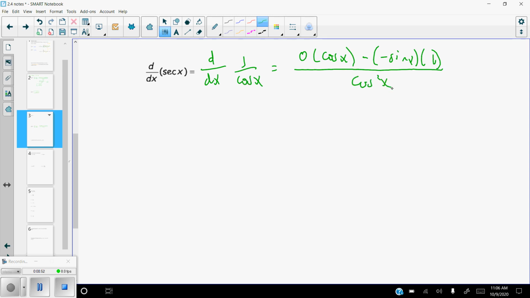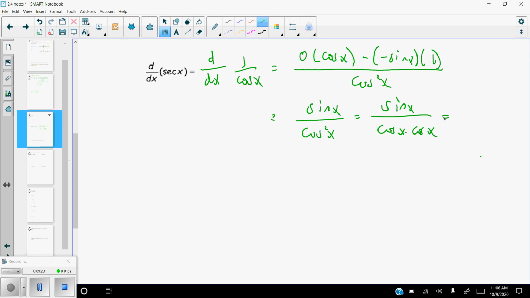denominator squared. Let's simplify. 0 times cosine is 0. I've got a minus minus the sine of x, so that's plus. So we're just going to get sine of x over cosine squared of x. And again, that is going to be your derivative, but we want to simplify this so it's non-fractional. So what we're going to do is split the denominator to be cosine x cosine x.